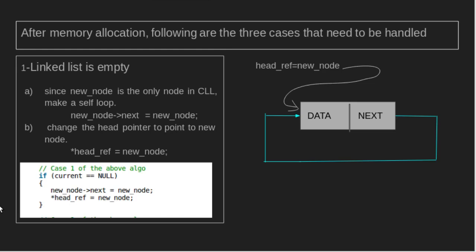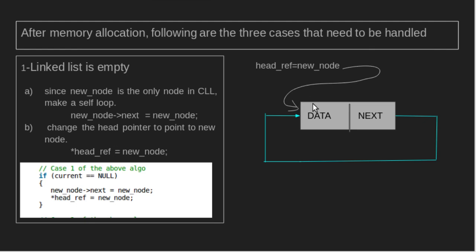After memory allocation, following are the three cases that need to be handled. First case, the linked list is empty. Since new node is the only node in the circular linked list, you have to make a self loop, that is, new node dot next equal new node. Now you have to change the head pointer to point to the new node.